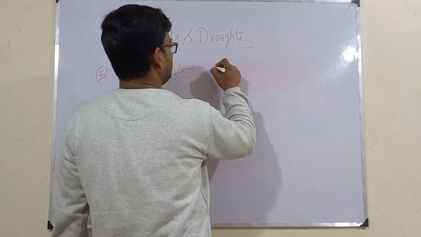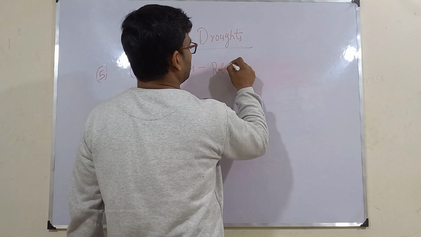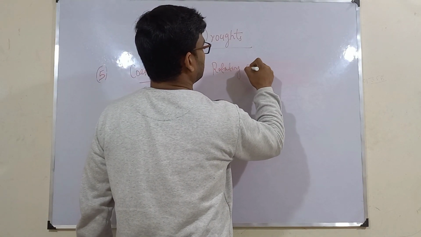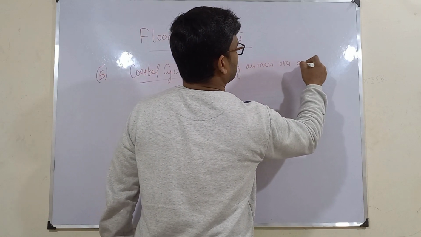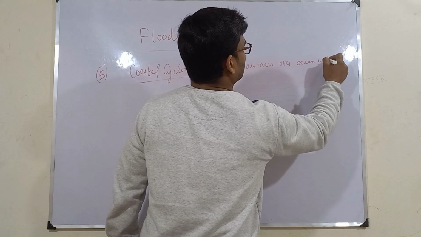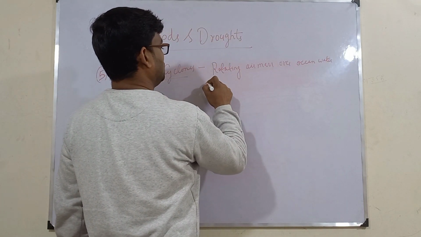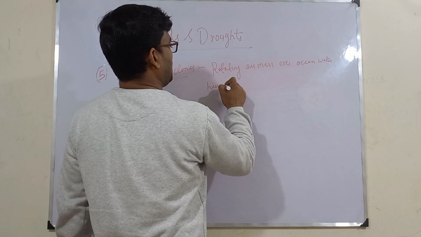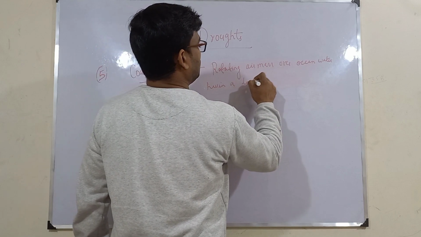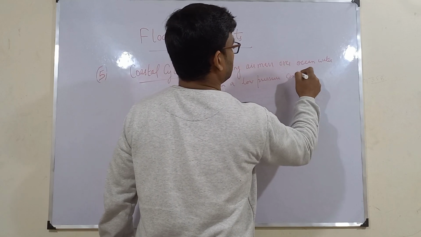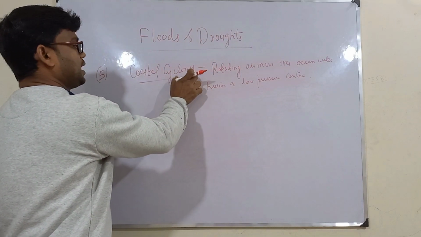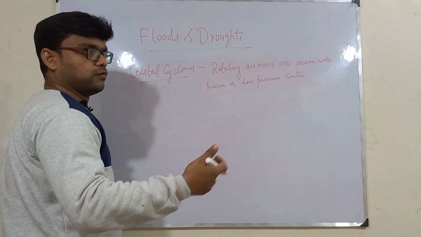So, you can write down: rotating air mass over ocean water having a low pressure center. Now these cyclones also have a tendency to move.